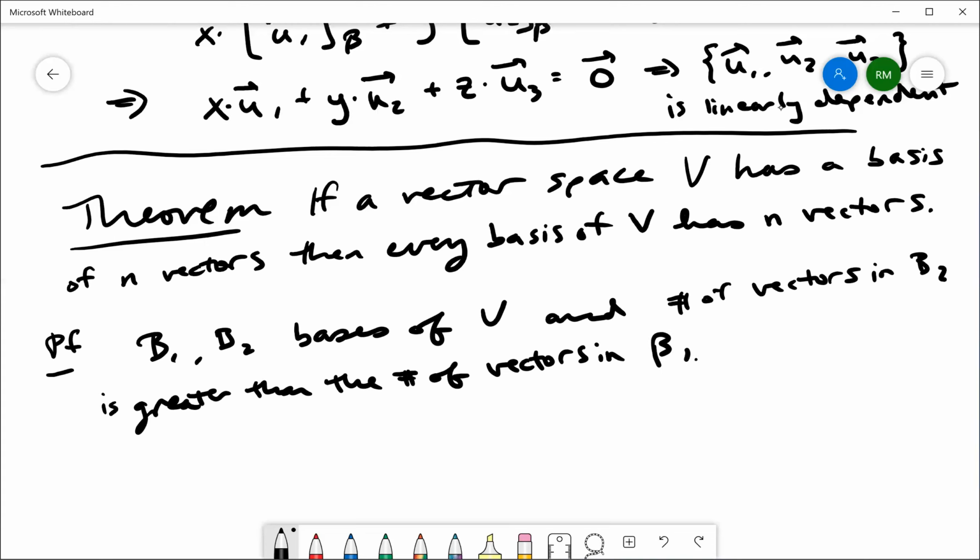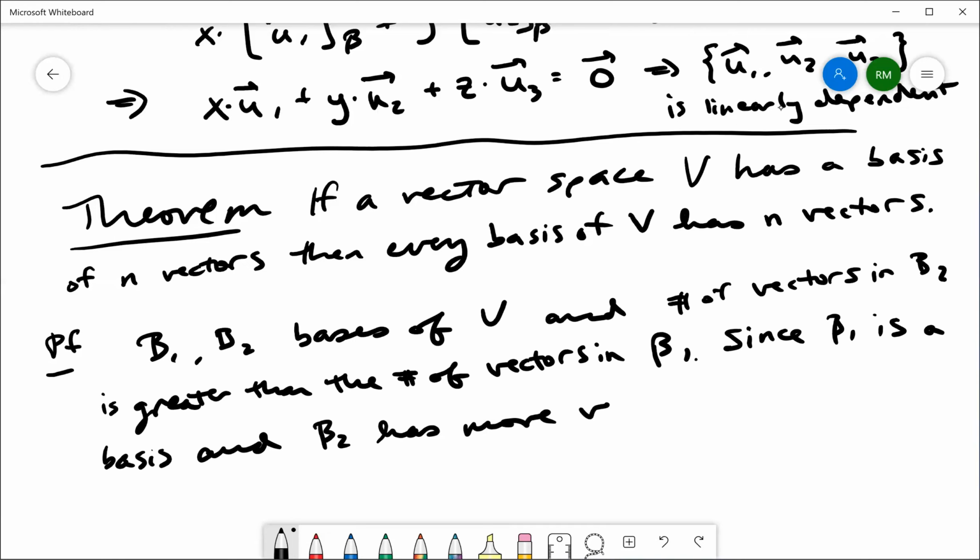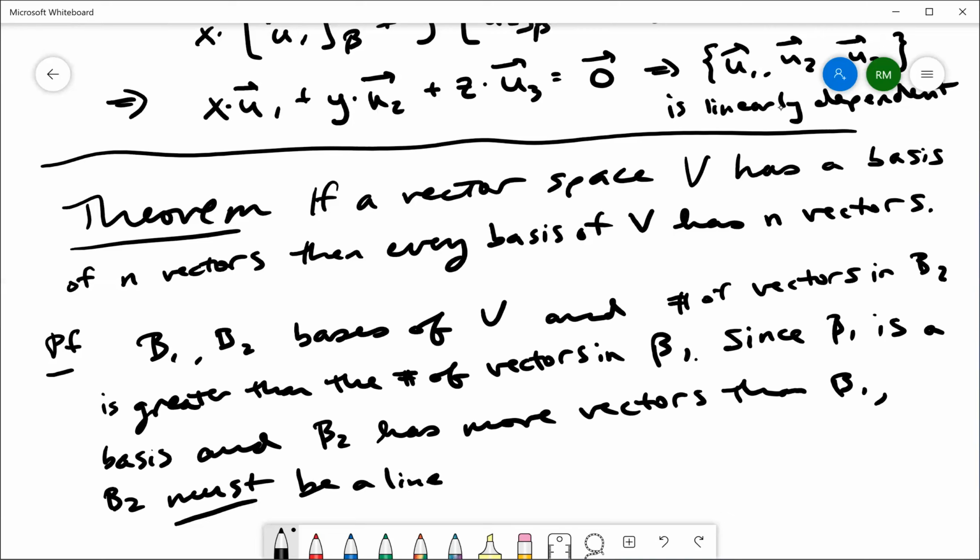Well, by the above theorem, since B1 is a basis and B2 has more vectors than B1, B2 must be a linearly dependent set. But that's a contradiction.